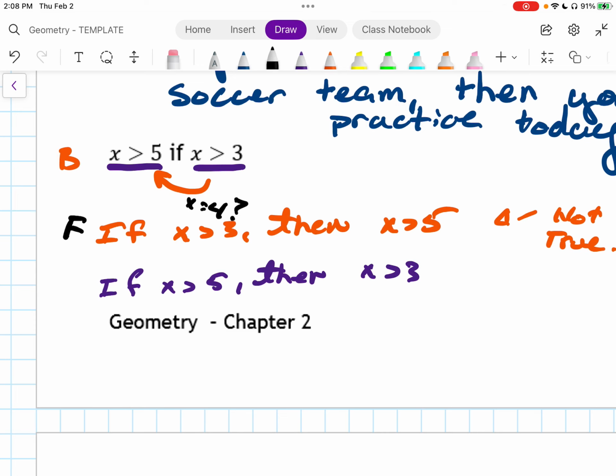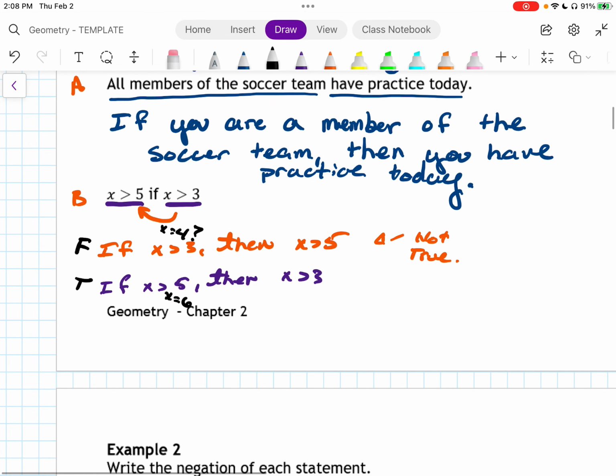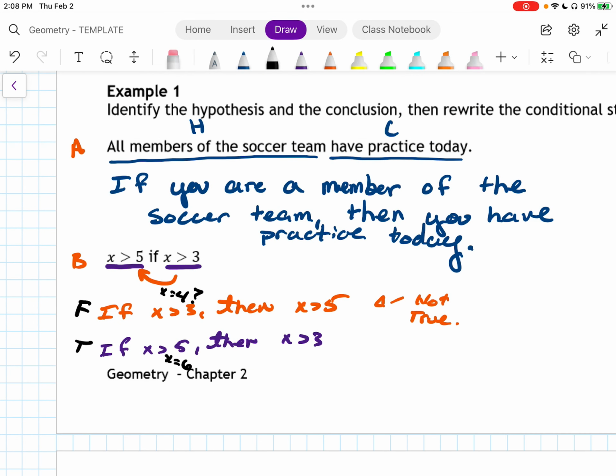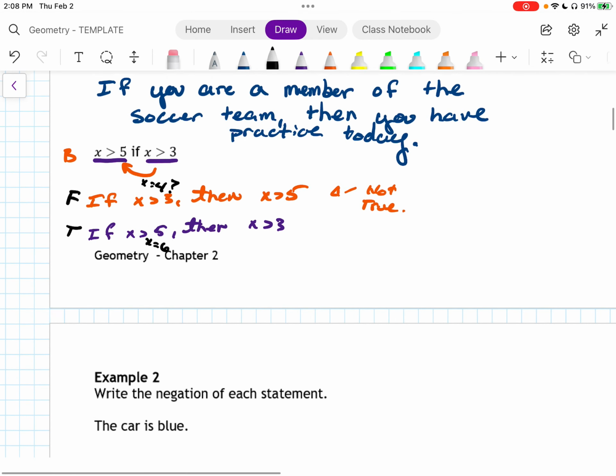This other guy, this guy's true. If x is greater than 5, maybe like x equals 6, then x is greater than 3, right? That's a true statement. So it's neat to think about that as a true and a false statement. And we'll have more later on where we actually need to assign a truth value. And we'll think about that later. All right, that was example 1.